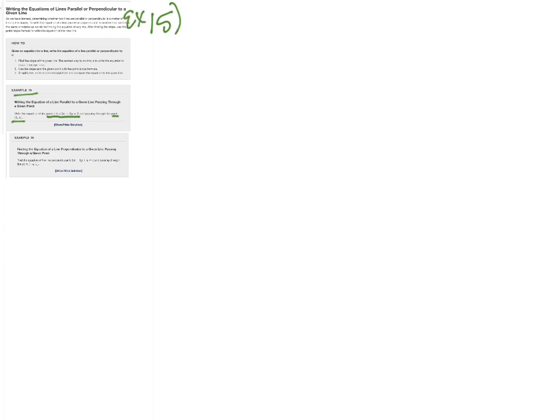So example 15, write the line parallel to 5x plus 3y equals 1. And we want it to pass through the point 3, 5. And we're trying to run parallel to this equation. So the first thing we need to do is get the slope of this given line.